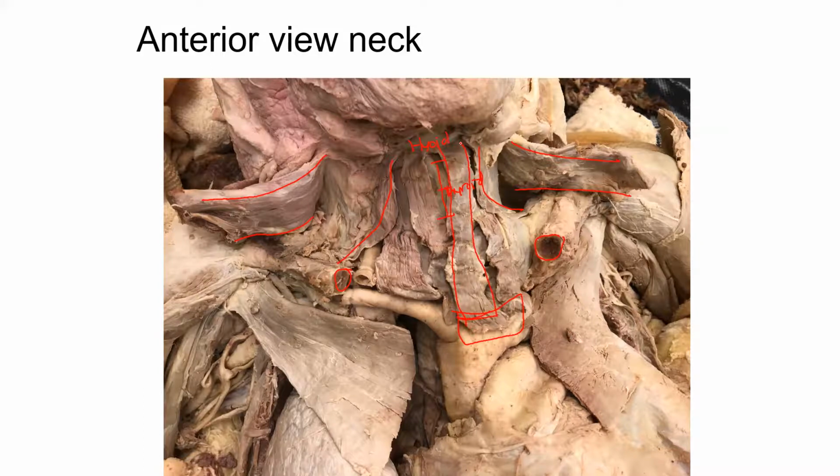So sternohyoid muscle. The deeper muscle is going to be the thyrohyoid muscle, right? So that is going to go from the thyroid cartilage, which you said ends here, up to the hyoid bone. Okay, and it's getting a little messy at this point, but this is that thyrohyoid muscle. It's right on the thyroid cartilage, okay?